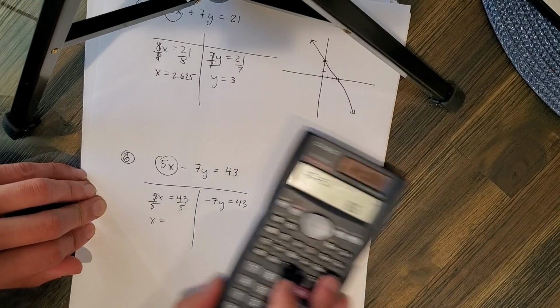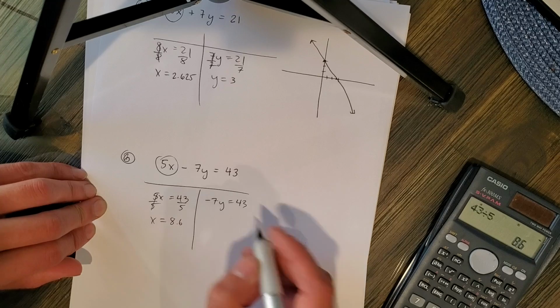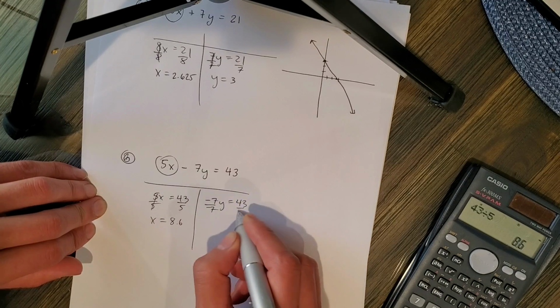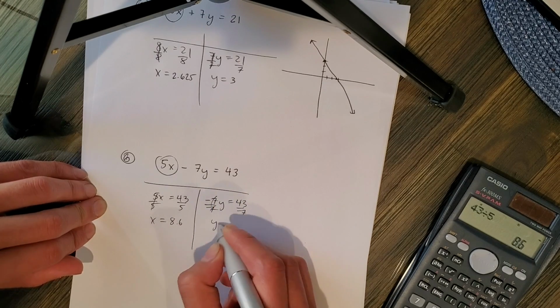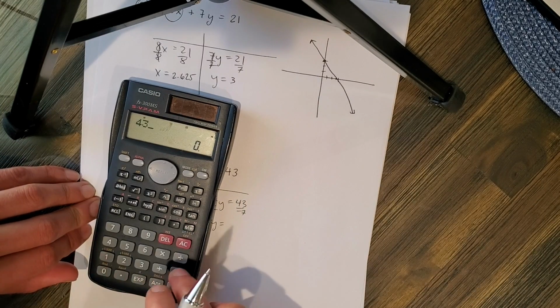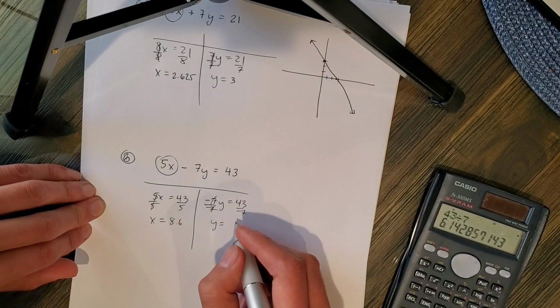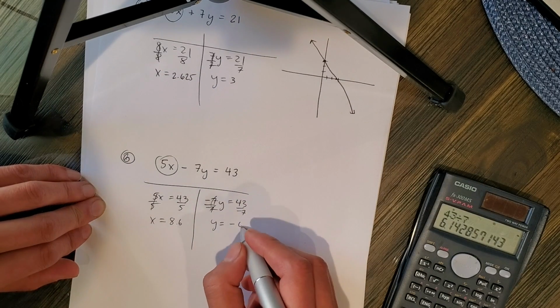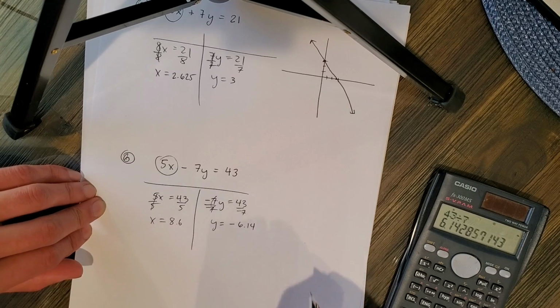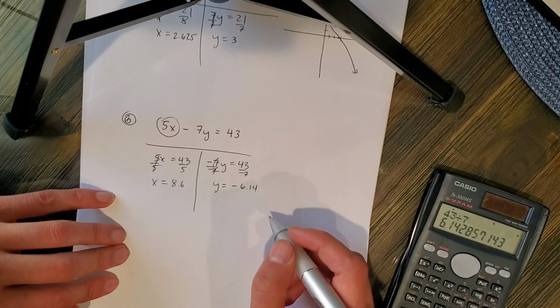I get 8.6. Okay. On this side, I have negative 7 I have to divide by. So I get 43 divided by negative 7. Let's see that. 43 divided by 7 is 6.14. Now, I know it's going to be negative, though. Okay, so it's going to be 6.14. And there's a bunch of other numbers after that, but I'm not going to write them. I just need this much.